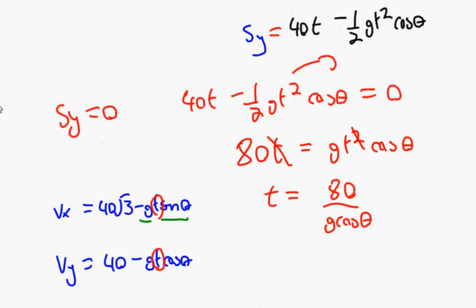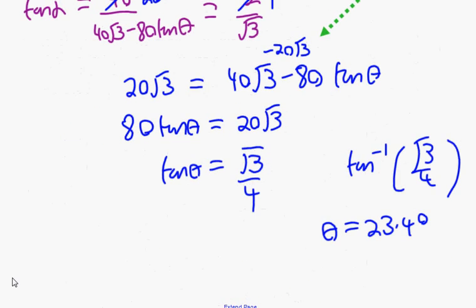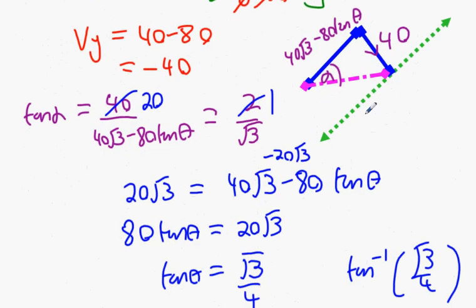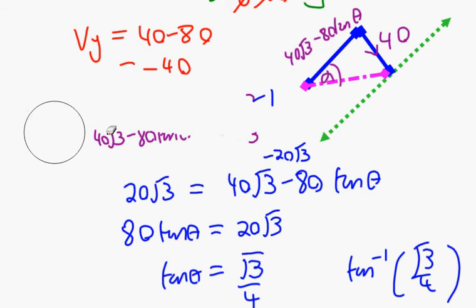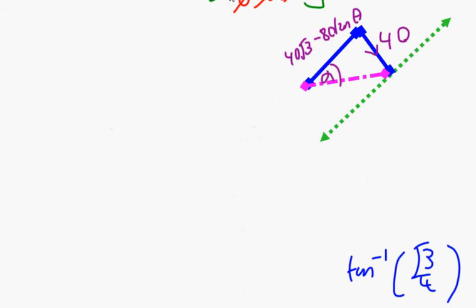Yeah, thank you. Now, the speed at which the particle strikes the plane. The speed, okay? We go back to this triangle here. What I'd say is the better way to do this is using a surd form, right? That's angle alpha. Just do a quick sine cos tan triangle, okay? Root 3 over 4, right?